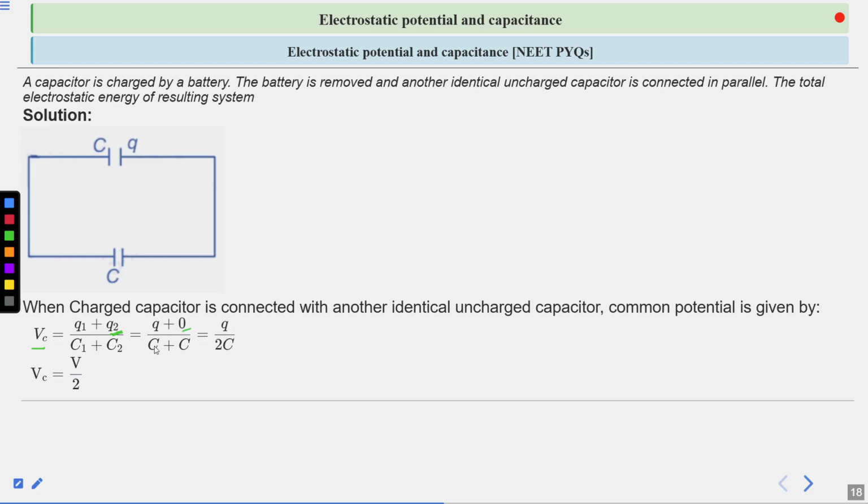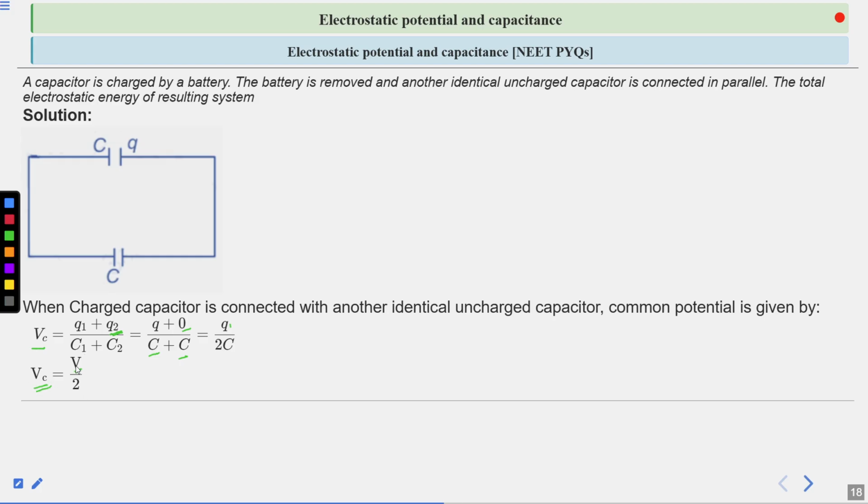The capacitances of both capacitors are C. So it is Q by 2C, and Q by C is V. Initially, when one capacitor was there, Q equals CV, and V was Q by C. So this Q by C is the initial V, the potential of the battery. So the common potential will be V by 2.